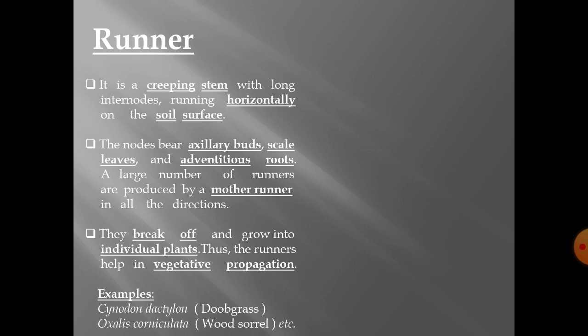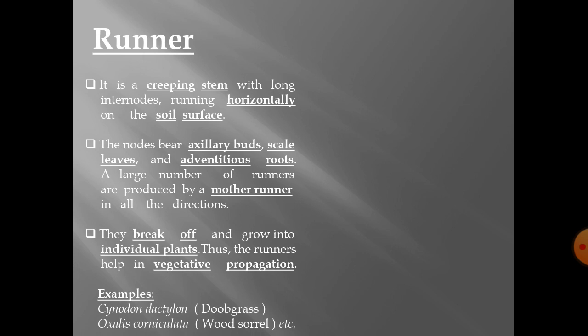Dear students, these points explain the features of runner. Let us take one by one. First point says, it is a creeping stem with long internodes running horizontally on the soil surface.